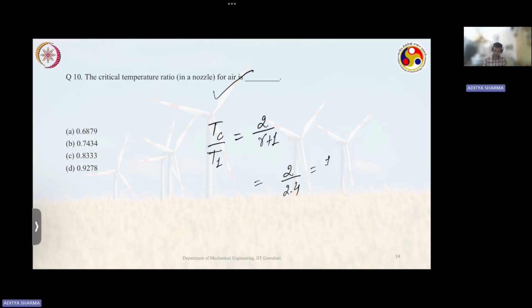That is 1 by 1.2, which is 0.833. So option C is correct. So for your question number 10, option C is correct.